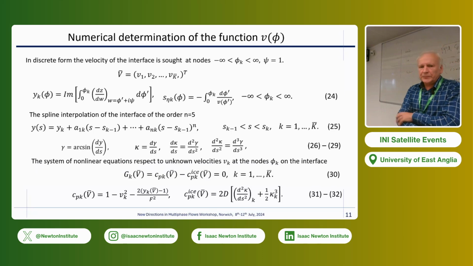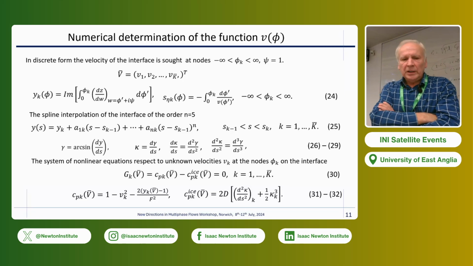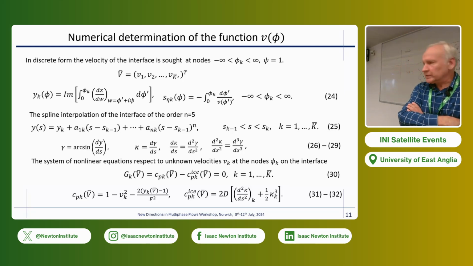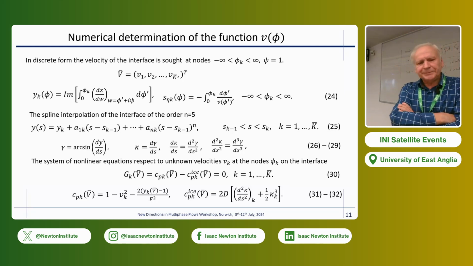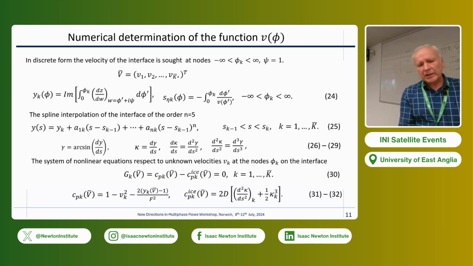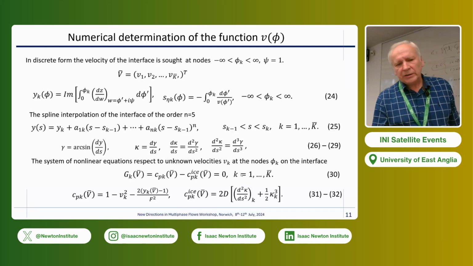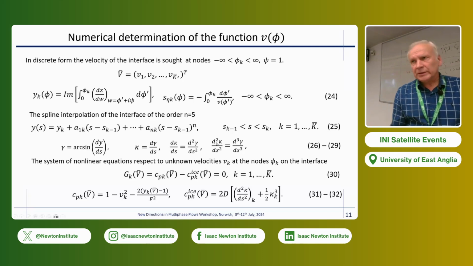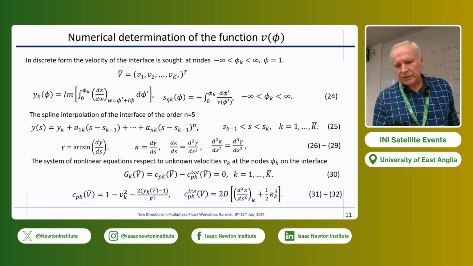Now we need to determine velocity magnitude on the interface, a much more complicated problem. If we go similarly, evaluate the velocity direction, then differentiate it, we arrive at the hypersingular integral equation, which is challenging to solve.